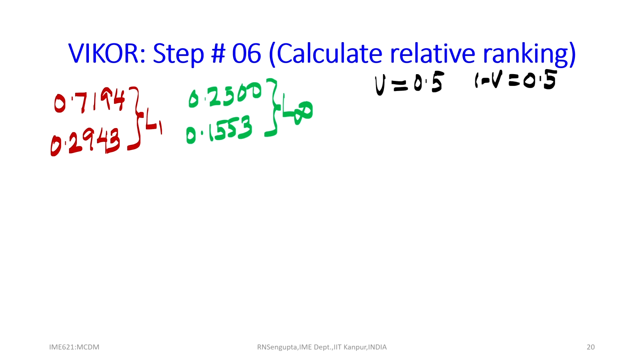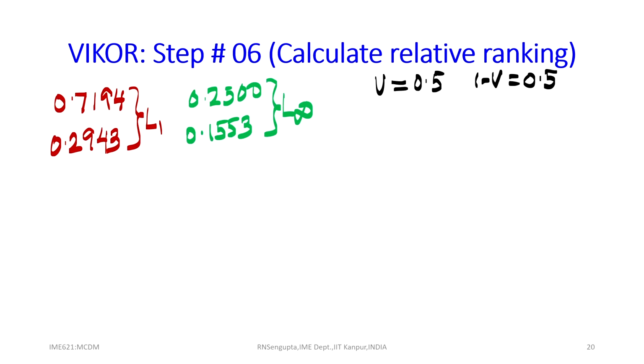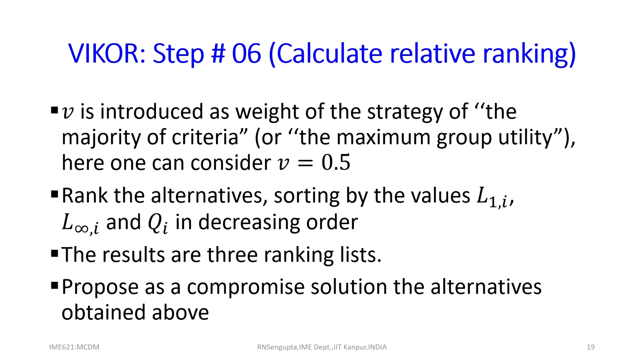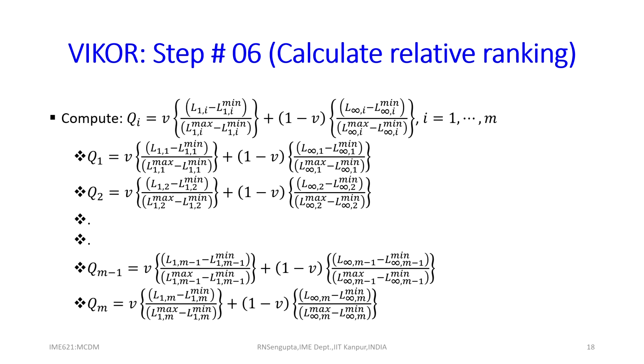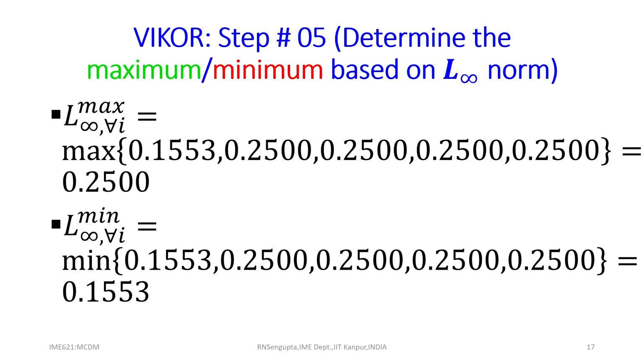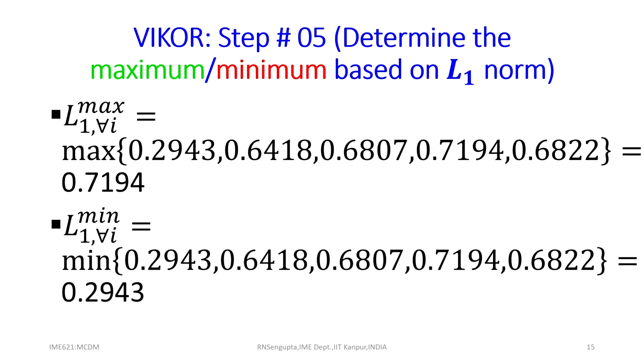Now, when I do it, what I need to find out is this. So, let me take some extra minutes and then try to at least give a good idea about the end part of the VIKOR. Once I have the maximum and minimum based on the L infinity and L 1, in the numerator I have L 1 minus L 1 min. So, the first one with L 1 is given by 0.2943.